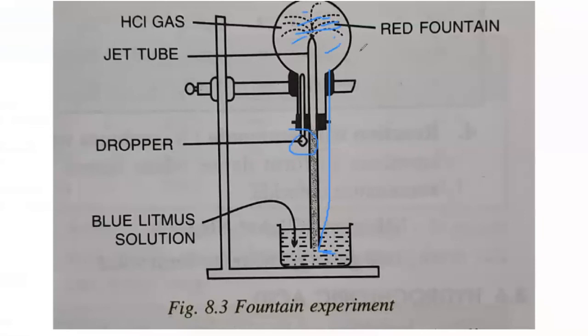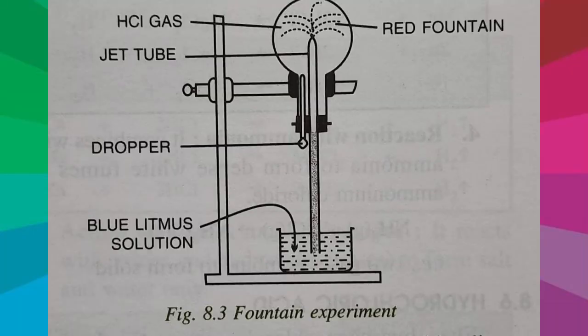Clear? So red fountain is formed. The blue turns red. That means it is showing the acidic nature of HCl gas. Clear? So this part you have to know it. Understood? So fountain experiment is a very important experiment. You have to learn it.